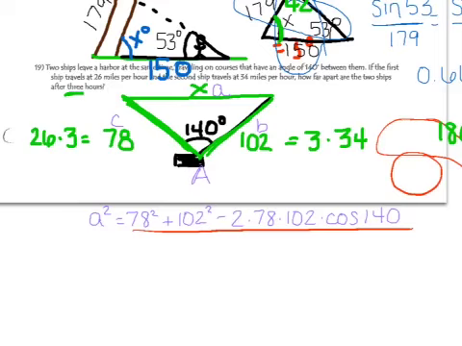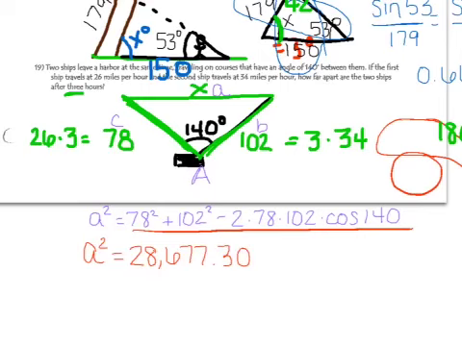Okay, out of the calculator, I get A squared equals 28,677. We'll say 30.